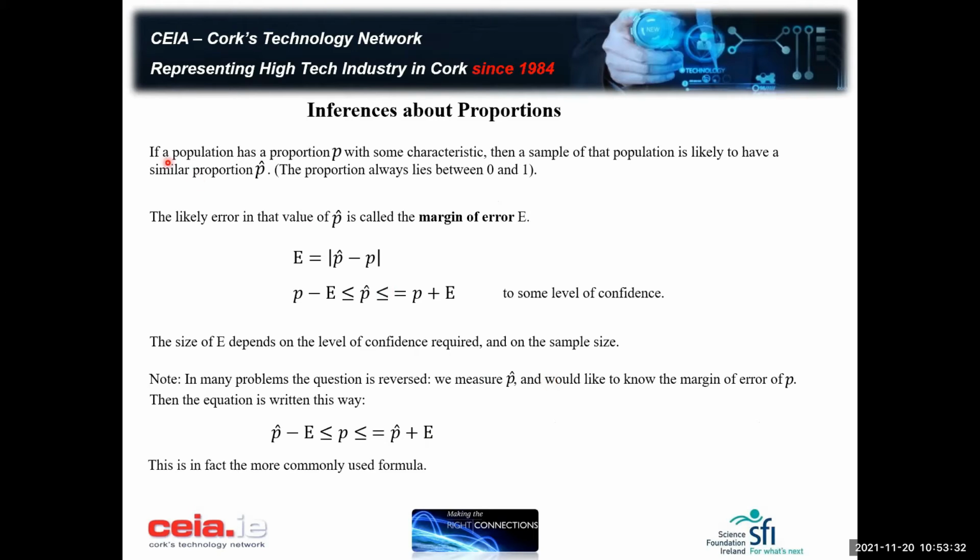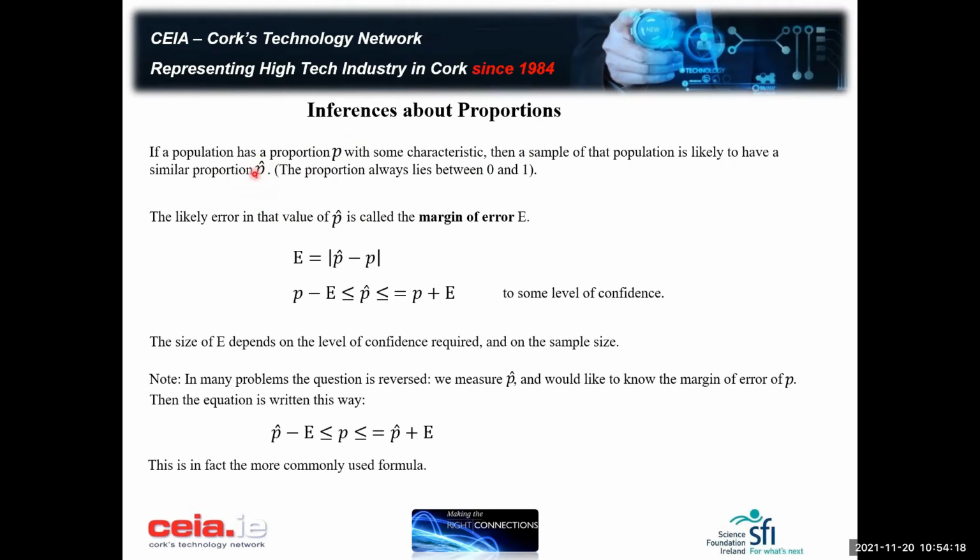One thing you can say is, if you were to measure an entire population and found that some proportion P had a characteristic, then you would also expect that if you measured a sample of that population, a similar proportion would have the same characteristic. But because you're working with a small sample, you might not get exactly the same proportion from the sample as you had from the whole population.